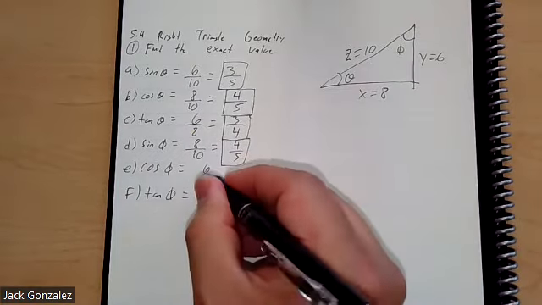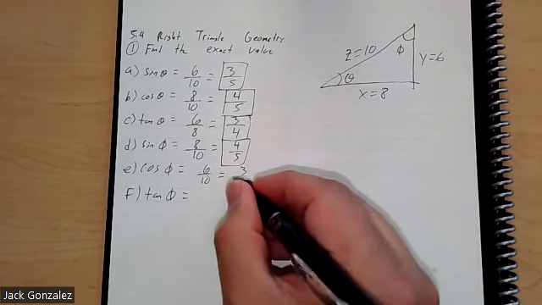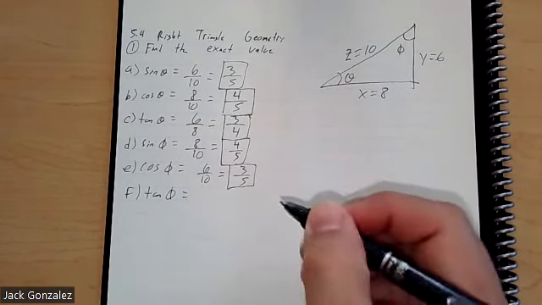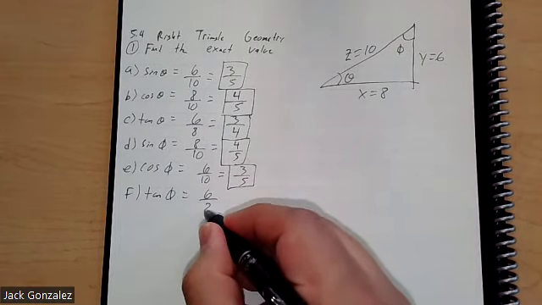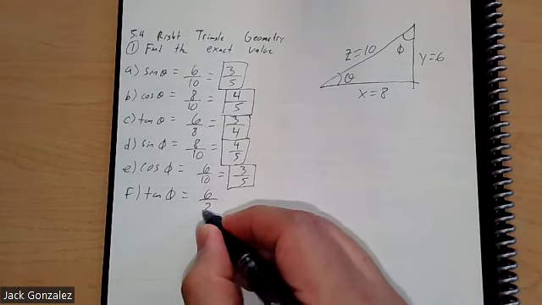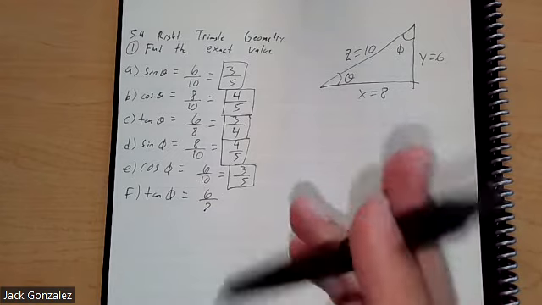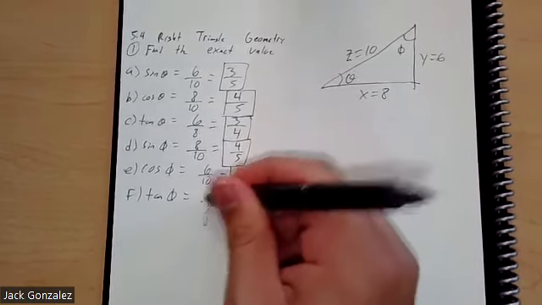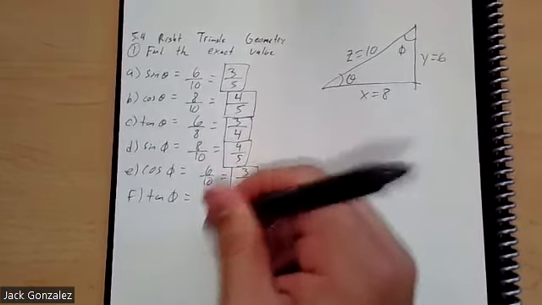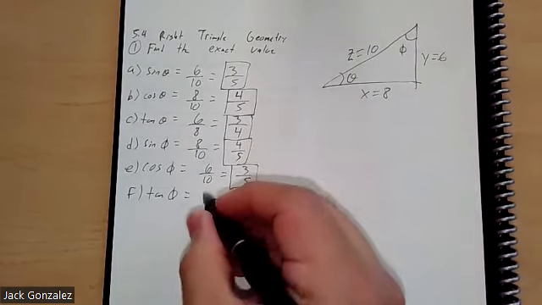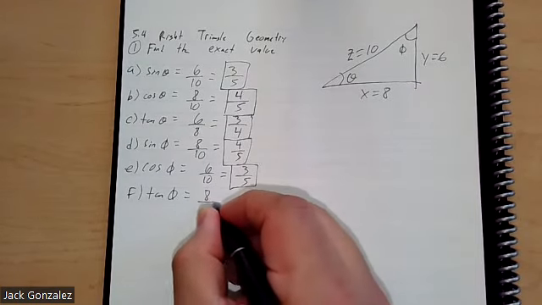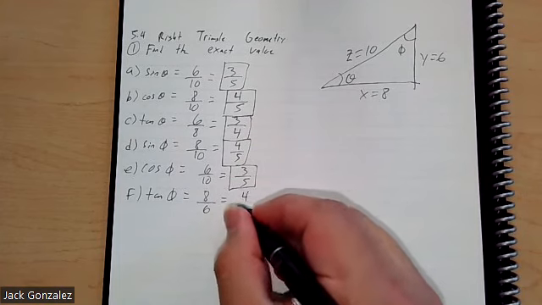Tangent phi. Opposite would be 8/6, 4/3.